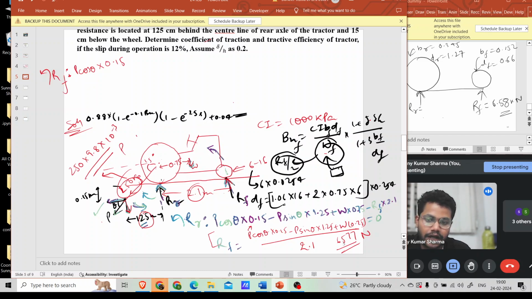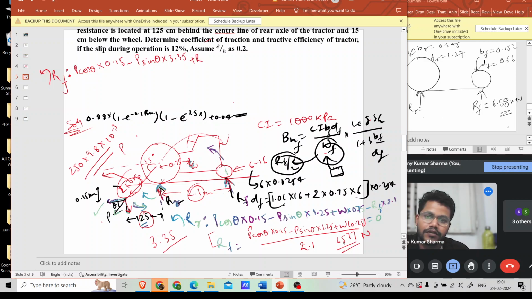It will be the same for RR and RF. If you have taken P cos theta positive, then P sin theta is negative, and it is acting at a distance of 2.1 plus 1.25, that is 3.35. So P sin theta into 3.35. Then RR is acting at a distance of 2.1 meter and is trying to rotate it clockwise.